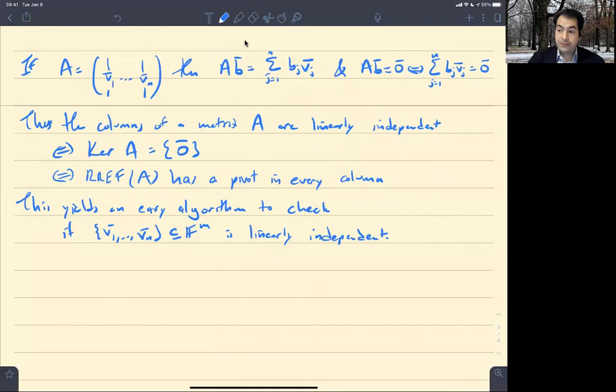It's a very easy algorithm. All you do is you take these vectors and you put them as columns of a matrix, and then you find the reduced row echelon form of that matrix.